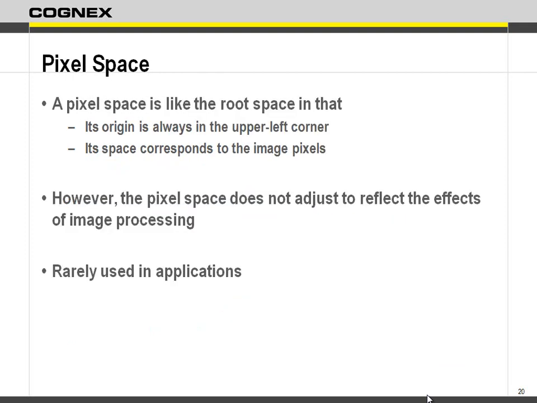There's this concept called pixel space. It's almost like root space. You're still the upper left-hand corner, and it corresponds to the pixel images. But if you do subsampling, that connection ends up getting gone. It actually takes the whole image and makes it smaller, so you start losing that actual connection. And so it very rarely is used. A lot of people don't mess with pixel space. Usually they just stay in root space if they're trying to stay in the actual pixel image.